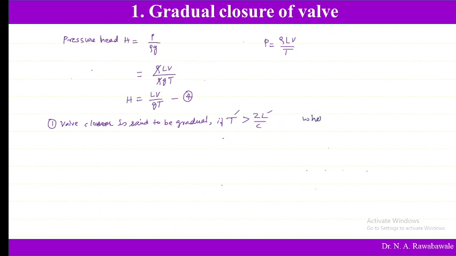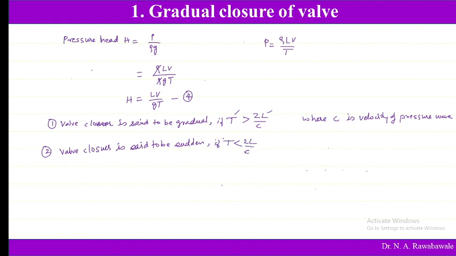In the second case, valve closure is said to be sudden if T is less than 2L divided by C. So this is about the pipe where, in the water hammering process, the closure of the valve is gradual.